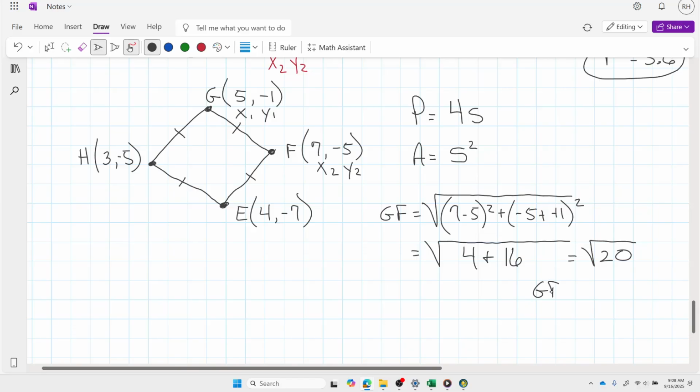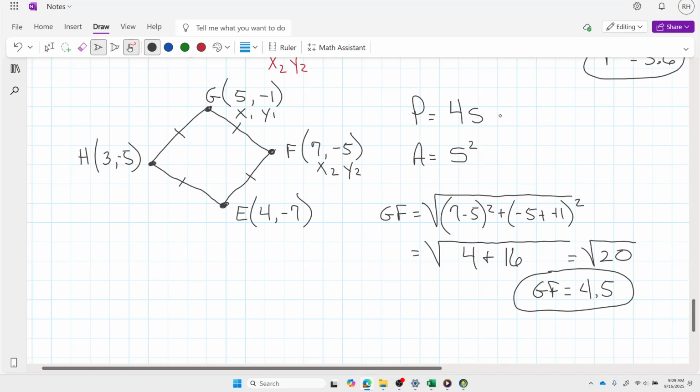So G to F is equal to, anybody? 4.5. So this 4.5 becomes the length of all of the sides of this square. All right.